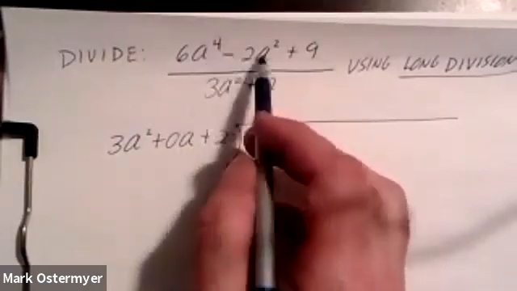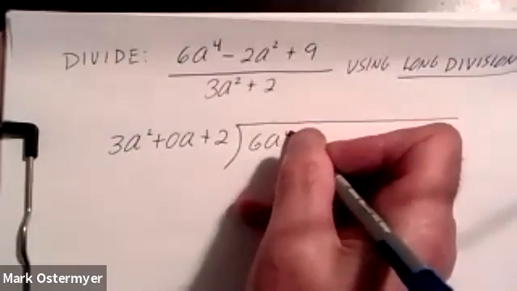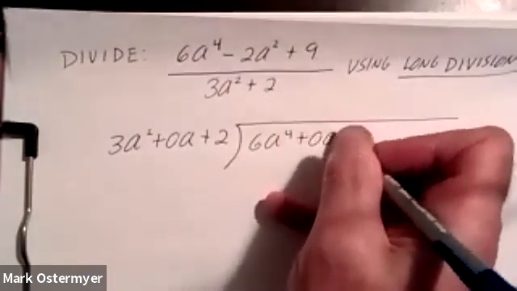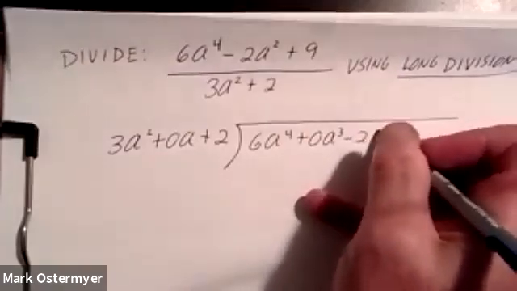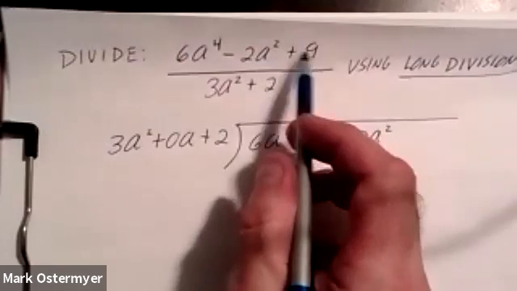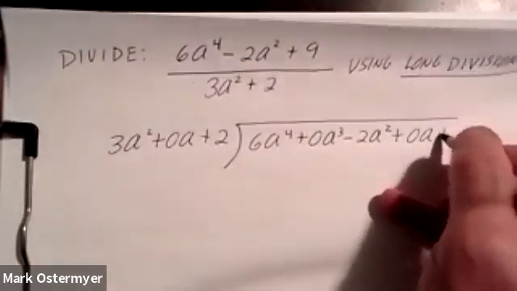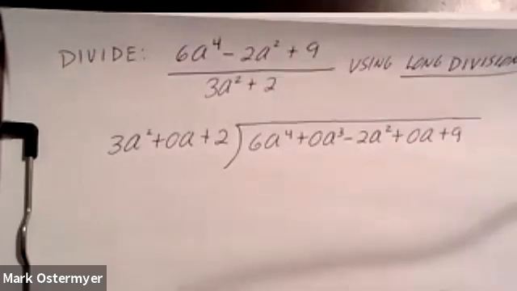I'm missing a 3rd degree term of a in between these two. Must insert placeholder in the form of 0a cubed. I'm missing a 1st degree term in a between my 2nd degree term and my 0 degree term. Must insert another placeholder in the form of 0a. There you go. Must add all these placeholders in order for this to work.